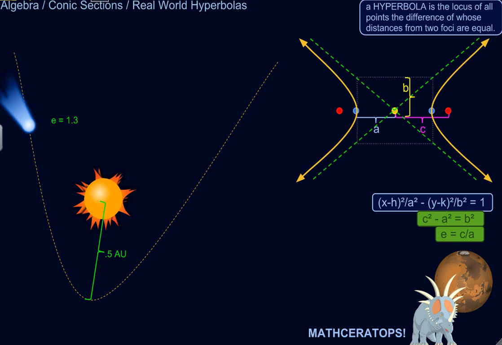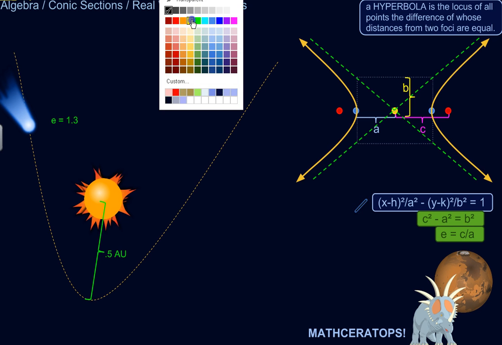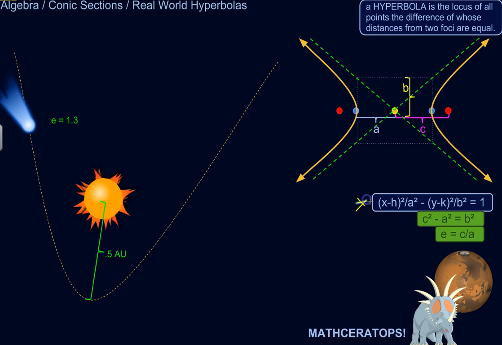So here is the equation for a hyperbola again: (x minus h) squared over a squared minus (y minus k) squared over b squared equals 1. Let's see what information we need. First of all, this h, k business is just if the hyperbola is not centered at the origin, (0, 0); (h, k) would be the coordinates of the center.